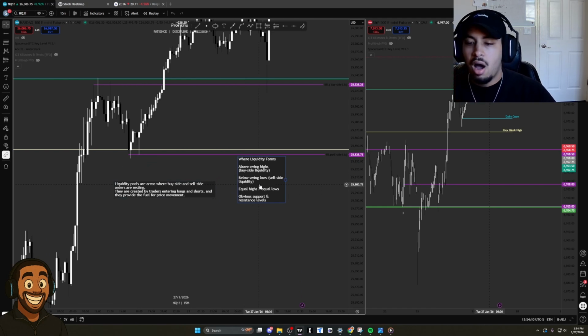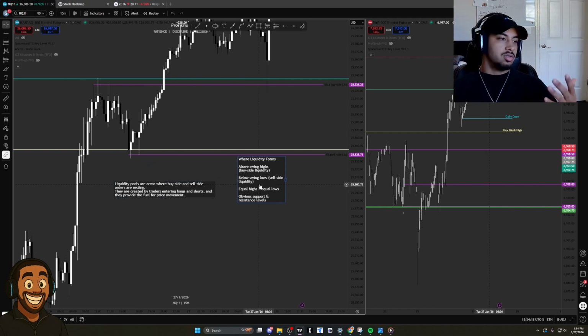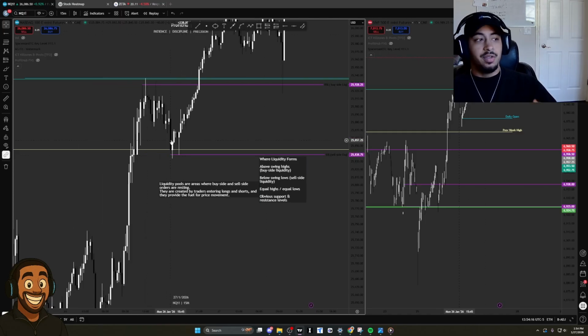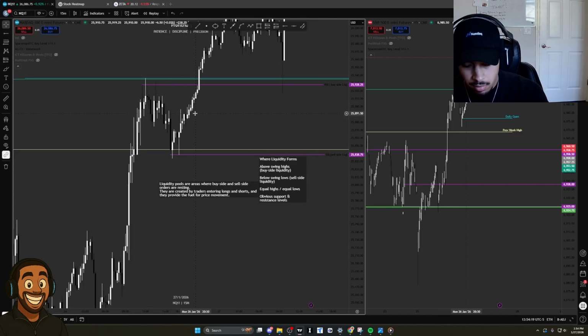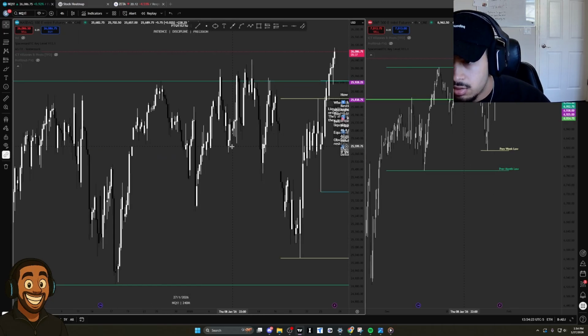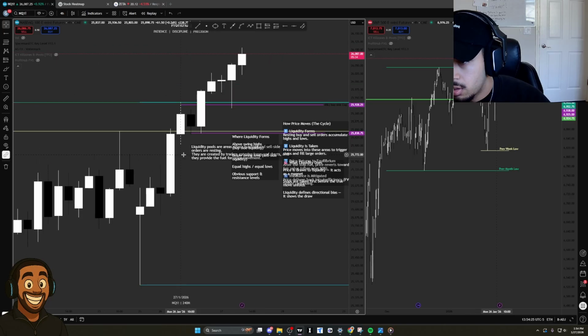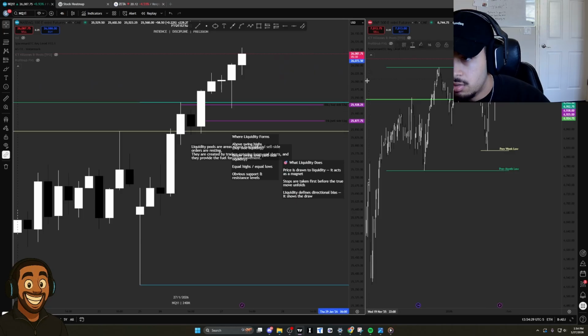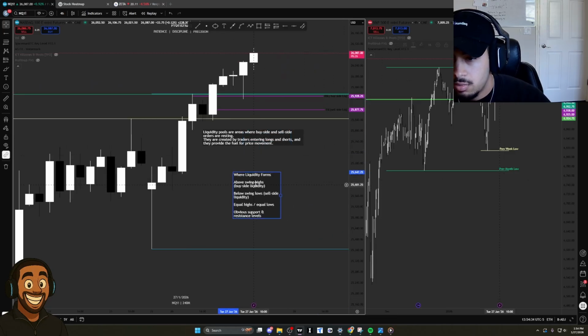And these are obviously support and resistance levels as well. You could think of it this way, if it's a higher time frame. Let's find a higher time frame and restart. Let's move my notes out of the way for a second.